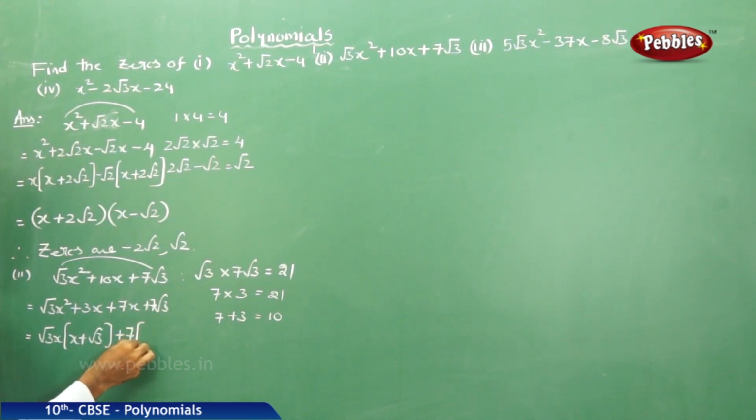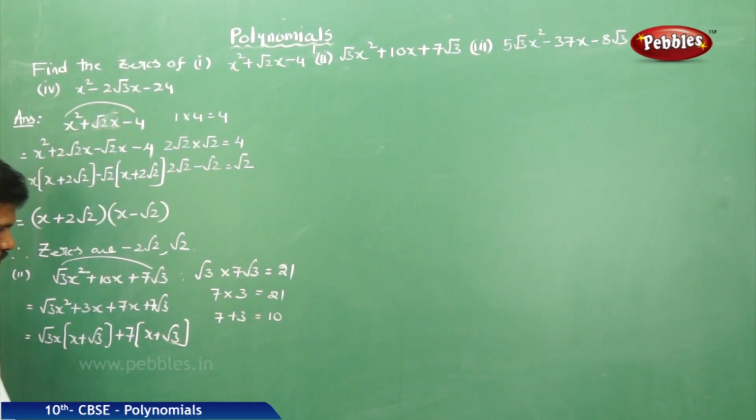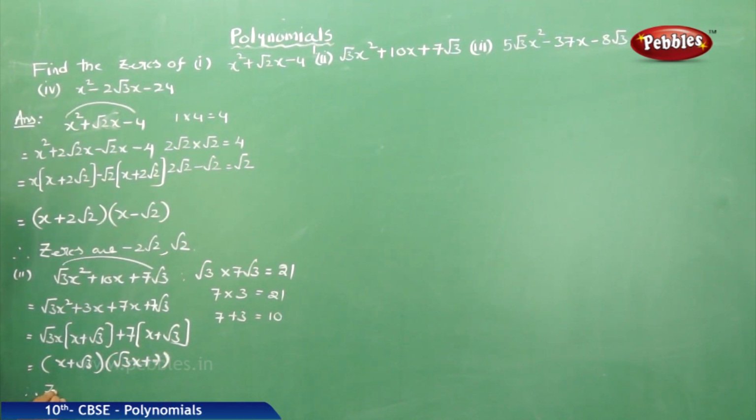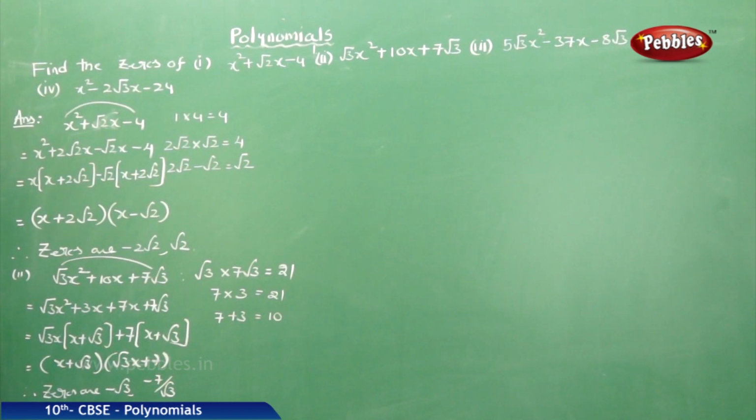If I take 7 as the common, x plus root 3, that is equal to, therefore the common factor is x plus root 3 and the other factor is root 3x plus 7. Therefore conclude the answer, zeros are minus root 3 and minus 7 by root 3.